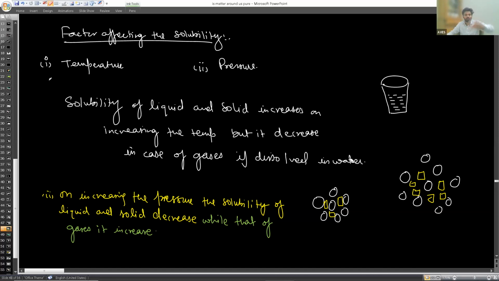But when you do it like this, due to the rearrangement, a small portion of the jar will be free, and you can add more salt to it. When we have a warmer substance, the particles have more kinetic energy and they can adjust.